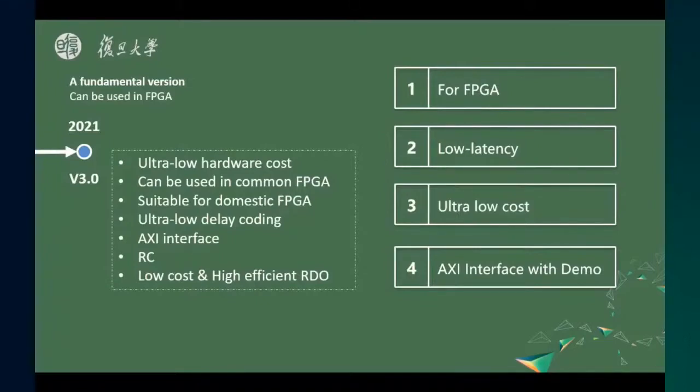The third is ultra low cost. Because FPGA hardware resources are very limited, we need very tiny IP cores which can really be used in FPGA. And finally, we will provide the whole AXI interface and also the demo system source code.